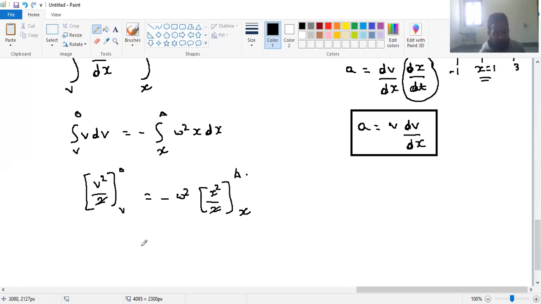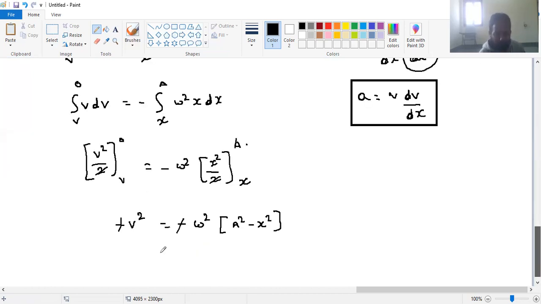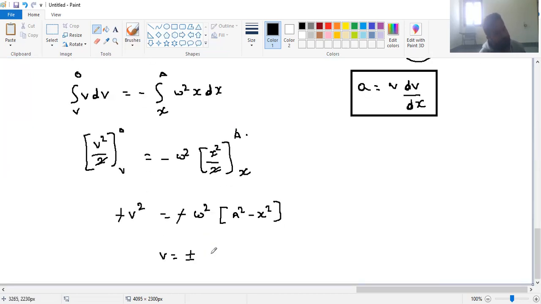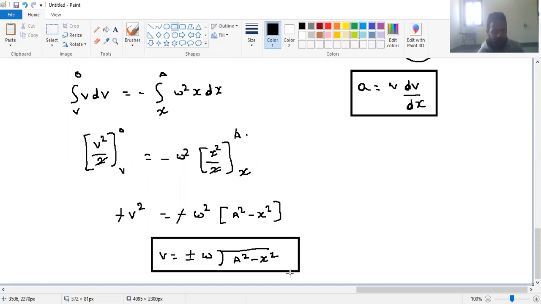So this is v square, minus of v square, first because 0 will come, next v will come, is equal to minus omega square into a square minus x square. Minus minus gets cancelled out. So v is equal to plus or minus omega into root over a square minus x square. This is equation 2. Plus and minus indicate the direction.